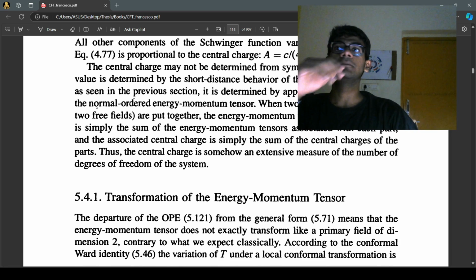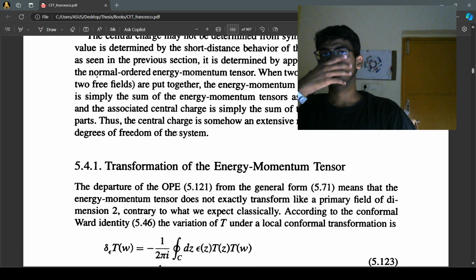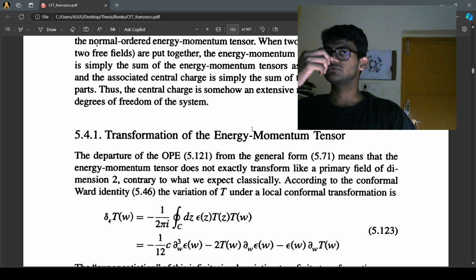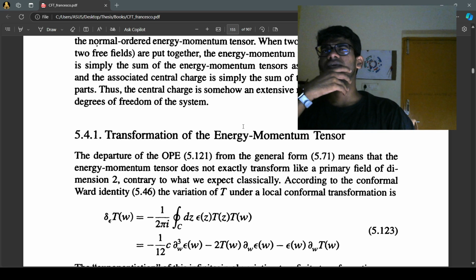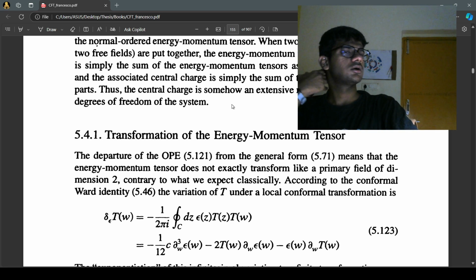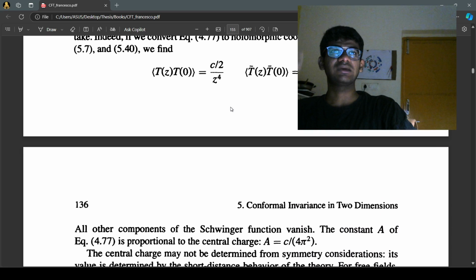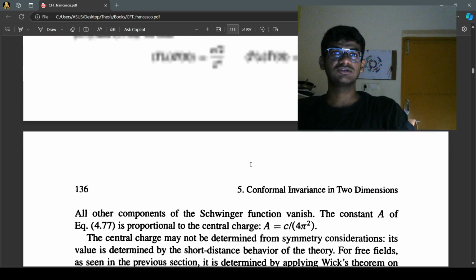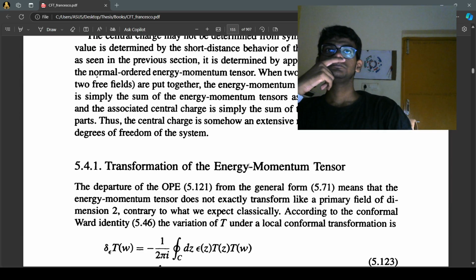So that's the claim. So the statement is that the central charge is somehow an extensive measure of the number of degrees of freedom of the system. The fermionic is half and the bosons are 1. And for the ghost system there is a possibility of minus 13 and minus 2, I suppose. Sorry, minus 26 and minus 2, I guess.